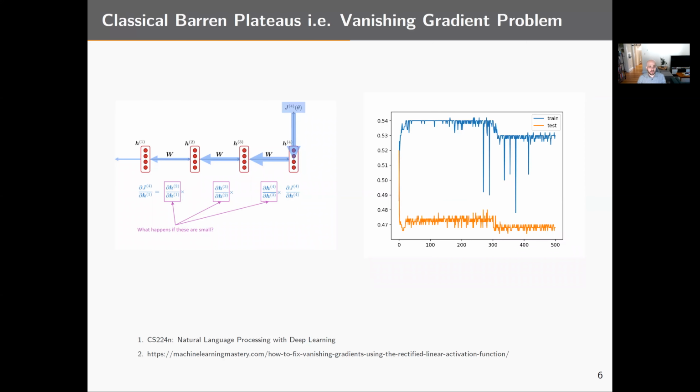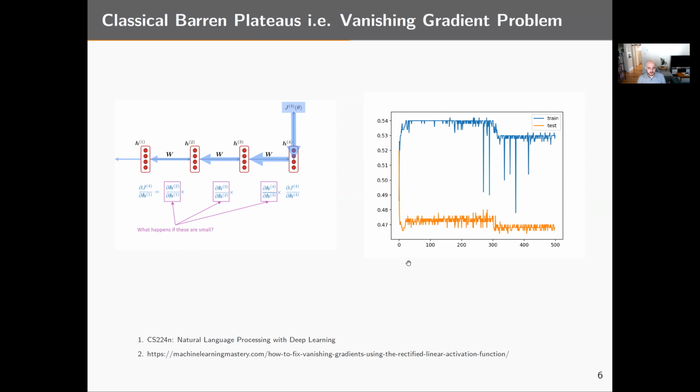We're pointing out that this phenomenon also happens classically. It might happen in a slightly different context, but for recurrent neural networks, it was known that when trying to backpropagate through a recurrent layer, if your intermediate steps were small, your resulting final gradient is also going to be small.